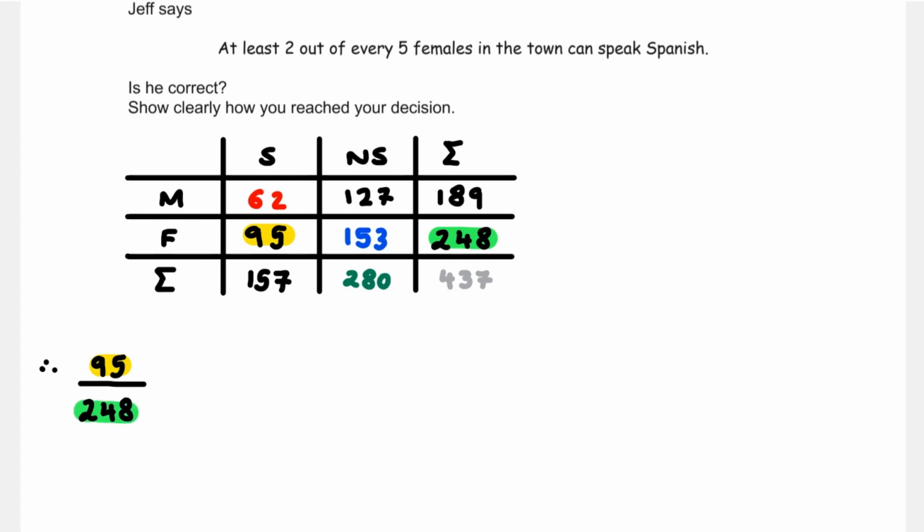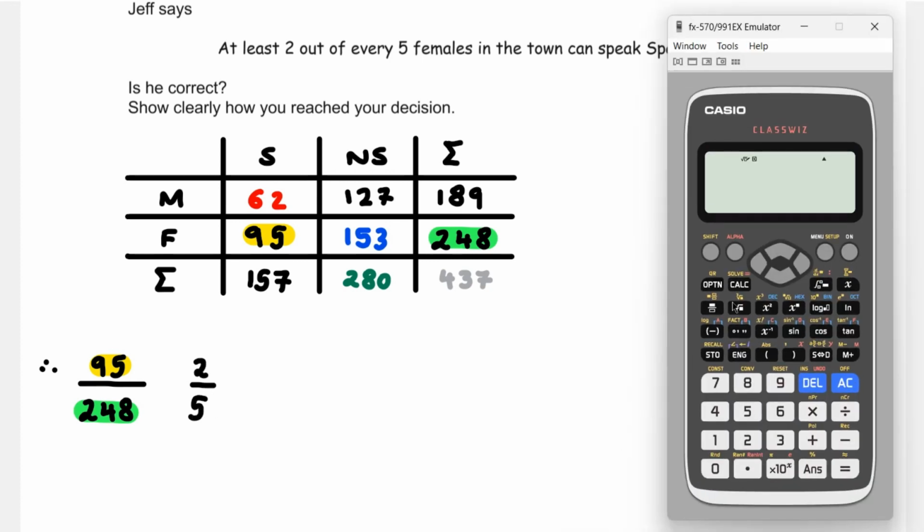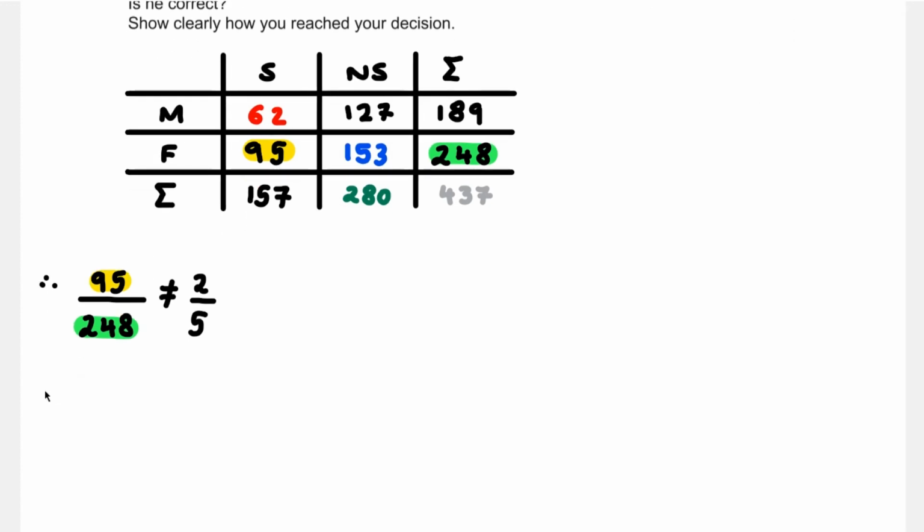And we need to find out if this equals the 2/5. So if I do 95 divided by 248, does this simplify to 2/5? Well, clearly it doesn't. So, is he correct? We can therefore say, oh, he's incorrect.